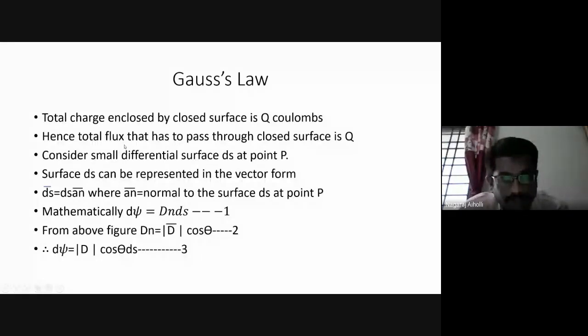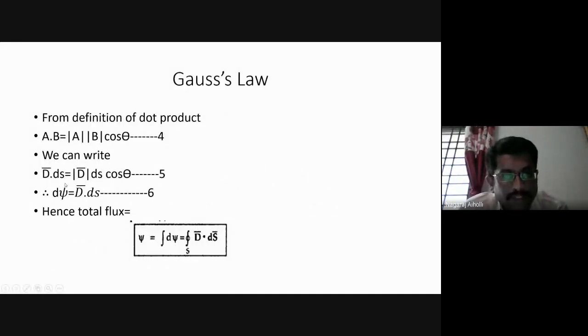This D bar is as good as magnitude of A, then ds is the same as magnitude of B. Therefore, the equation will be D bar dot ds is equal to magnitude of D bar into magnitude of ds into cos theta, according to the definition of the dot product.